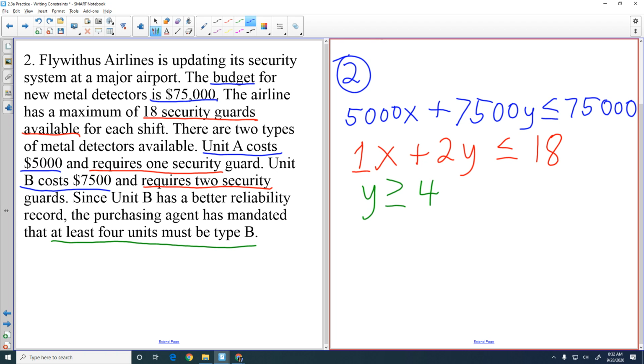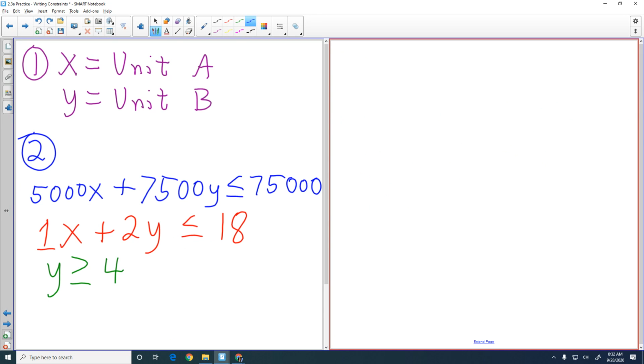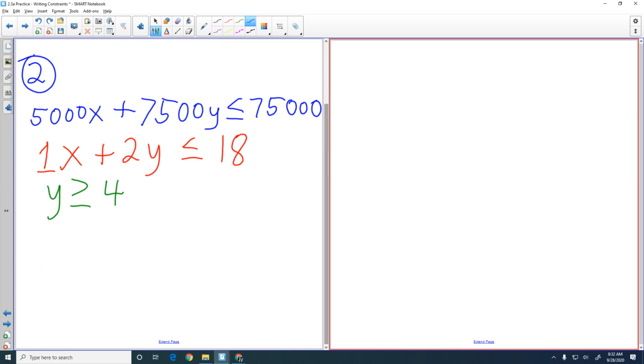That first one in blue. So we can subtract 5,000x from both sides. That leaves us with 700y is less than or equal to 75,000 minus 5,000x. And then divide everything by 7,500.